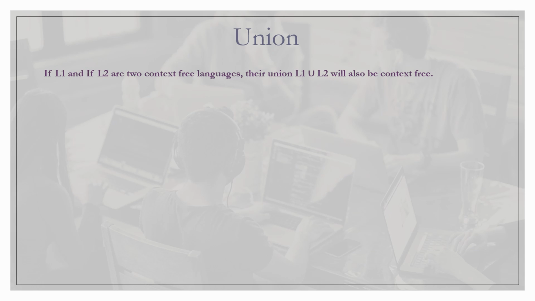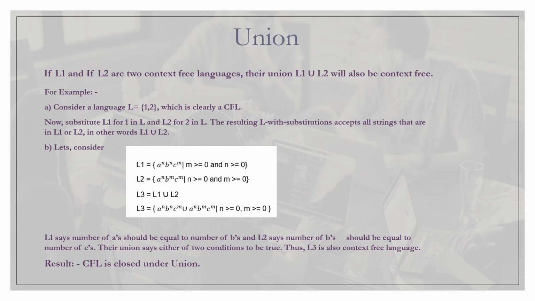First, we have union. Let L1 and L2 be two context-free languages. Then, the union of L1 and L2 will also be context-free. To prove our statement, we have some examples. Consider L to be the set {1, 2}, which clearly represents a CFL.